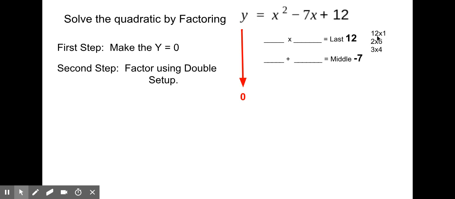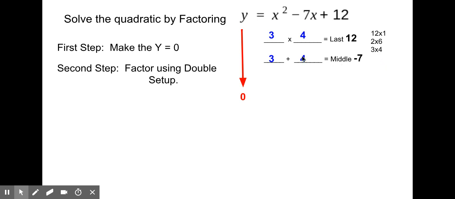Ask yourself, of these three partnerships, which one can I add or subtract since there's a negative? Which one of these can I add or subtract to give me 7? The only thing that can give me 7 is this last partnership because 3 plus 4 is 7. So it must be 3 and 4.